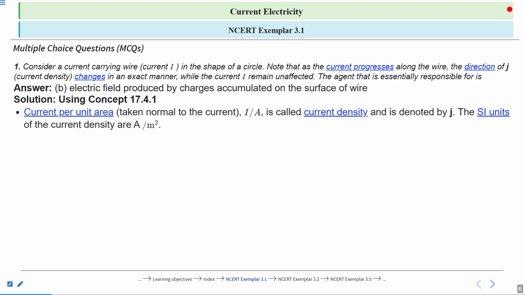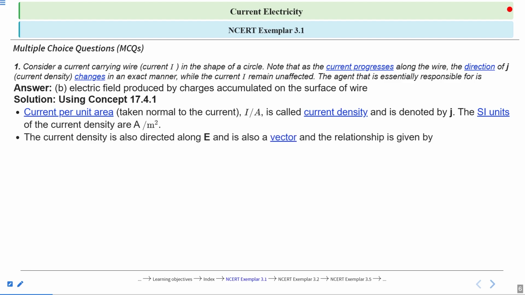Current per unit area taken normal to the current, I by A, is called current density. You already know that current density is current upon area and it is denoted by J. J is bold because it is a vector quantity. The SI unit of current density is ampere per meter square.